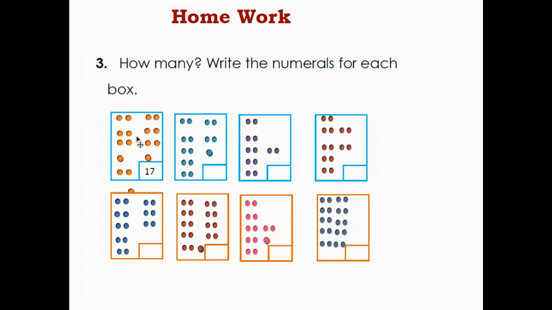Here you have boxes, and inside there are balls or dots. You write their corresponding symbol. You count, you write. For example, you have here 17 balls. If you count these balls, it will be 17. The same way, you count, you write here, and then you complete all.